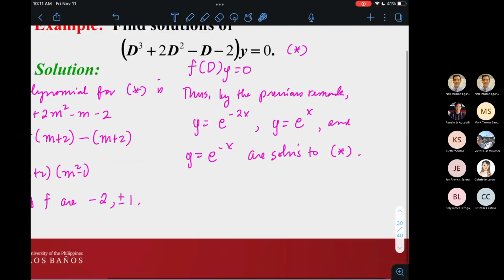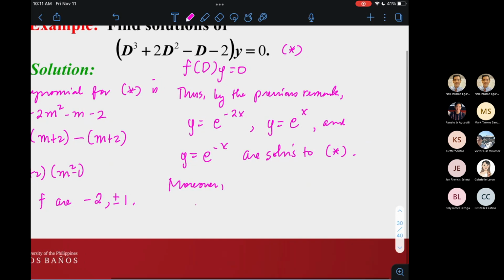Again, you can go further. Moreover, we can say that a linear combination of these three solutions are also solutions to the homogeneous differential equation. But be careful, pwede nyo lang itong gawin kapag homogeneous yung differential equation, right?